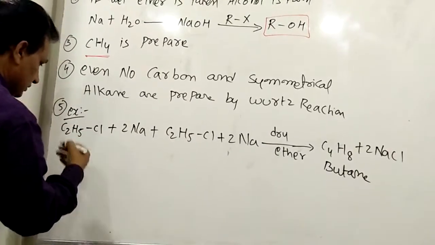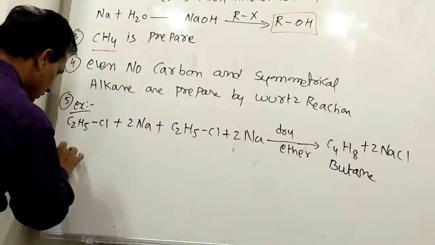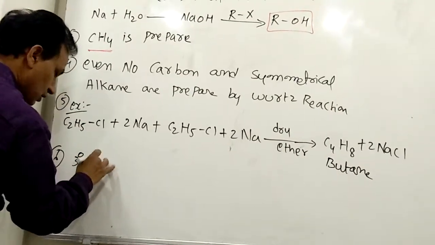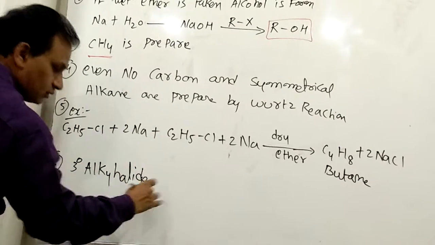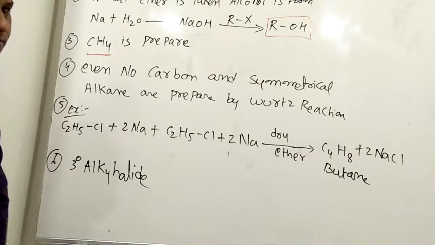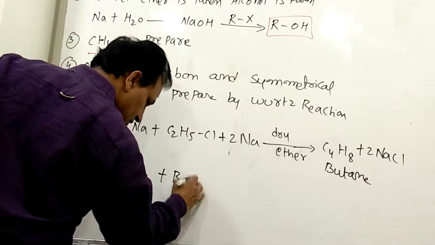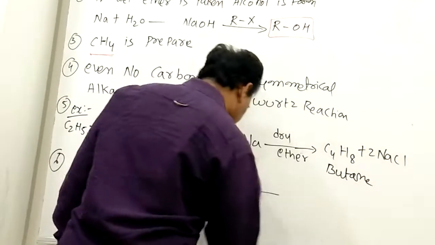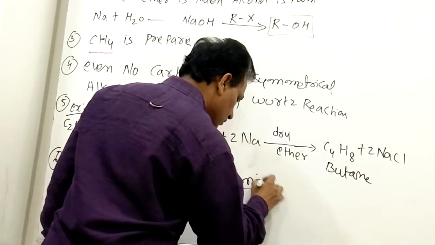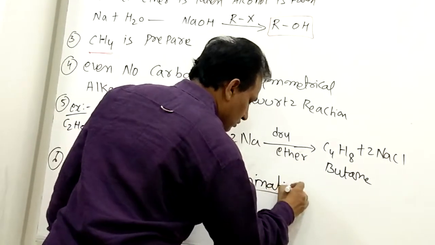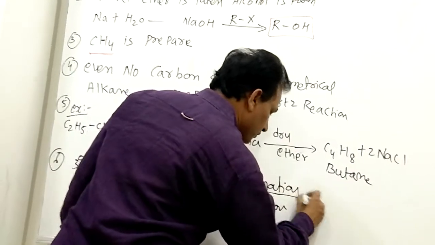And tertiary alkyl halides are not preferable. Tertiary alkyl halide reacts very little in the Wurtz reaction. Tertiary alkyl halide reacts with the base by elimination reaction, and they produce alkenes.